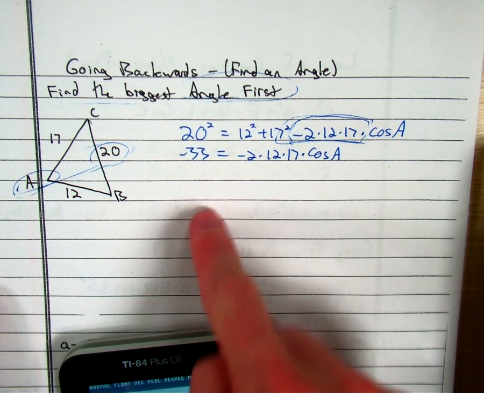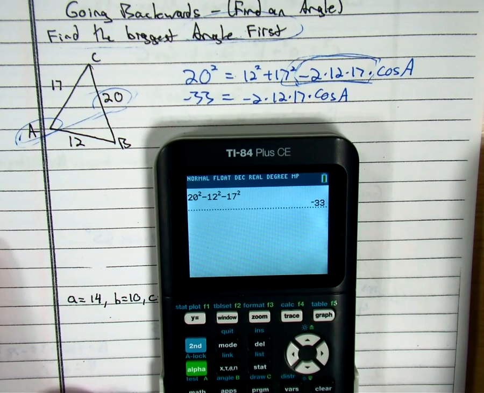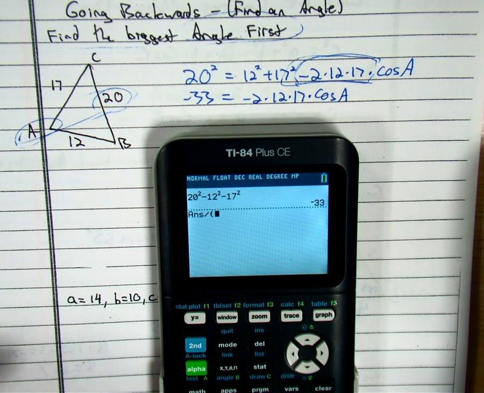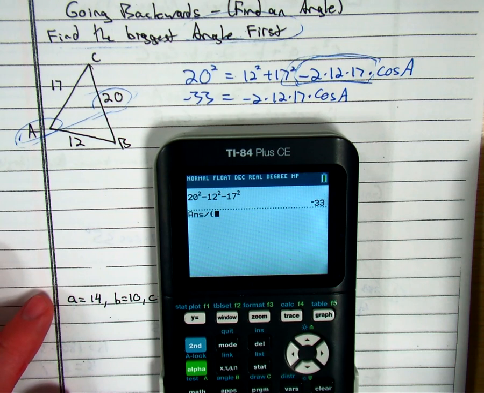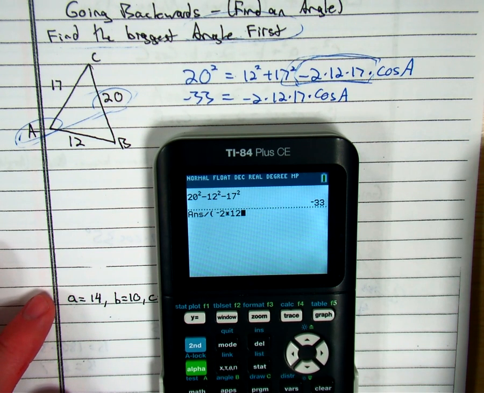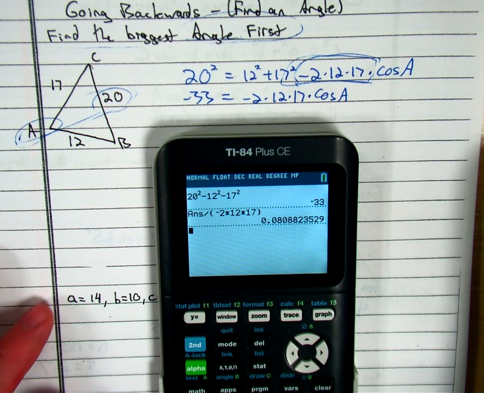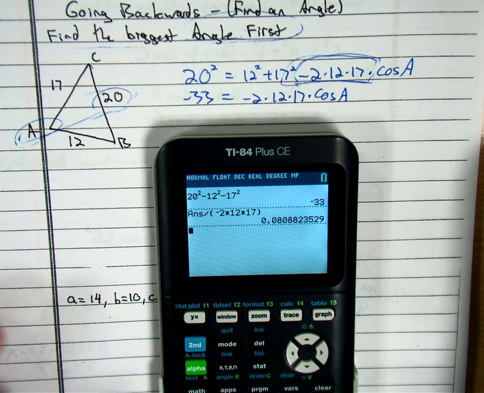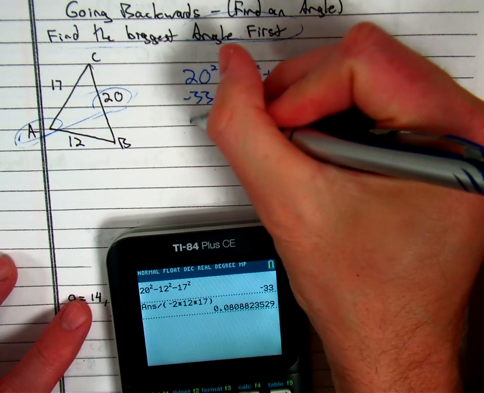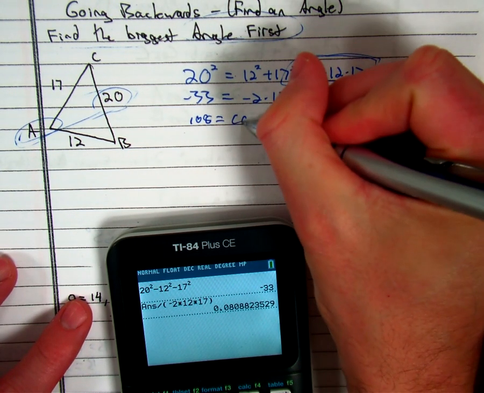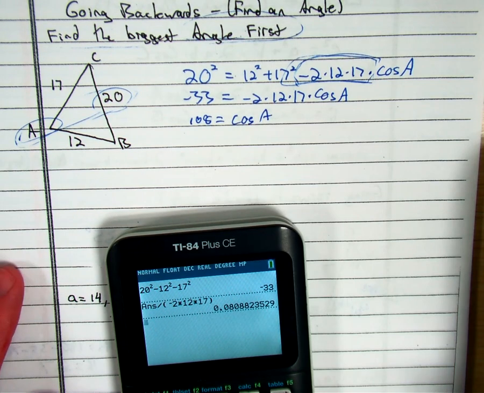Okay, I leave it like that, and then I'm going to divide by that quantity. You need to use the quantity sign if you don't multiply it out. Negative 2 times 12 times 17. Okay, and again, we're just going to write like 0.08. But we're going to use our calculator.